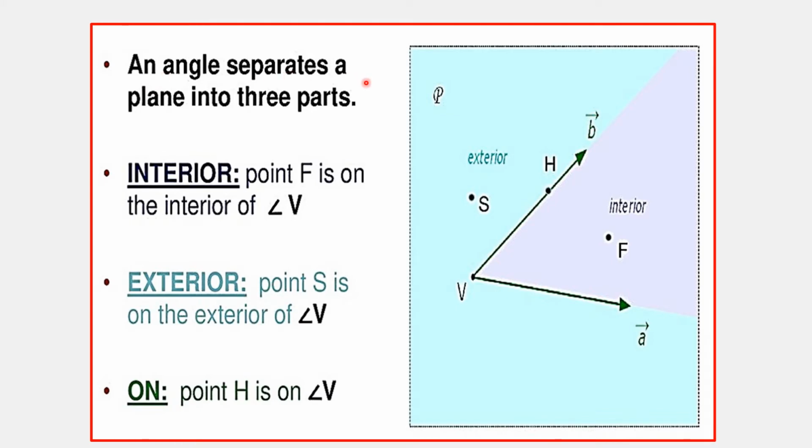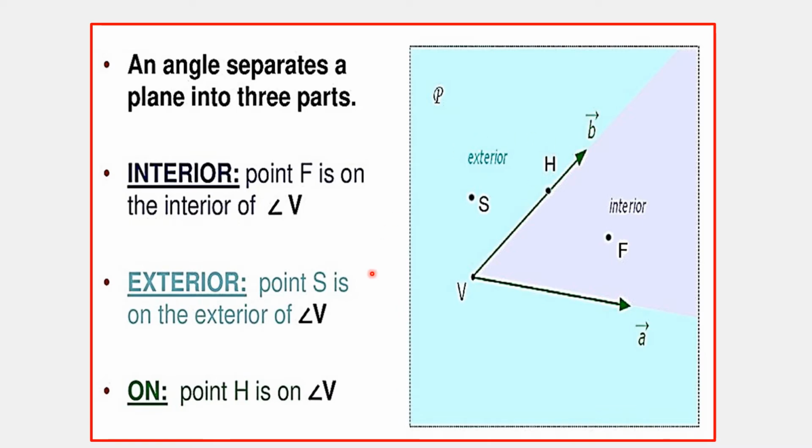An angle separates the plane into three parts. You can see this is a plane. Now this angle separates the plane into three parts. How? The inside part is the interior of the angle.